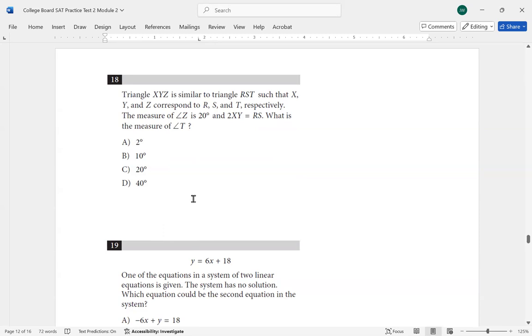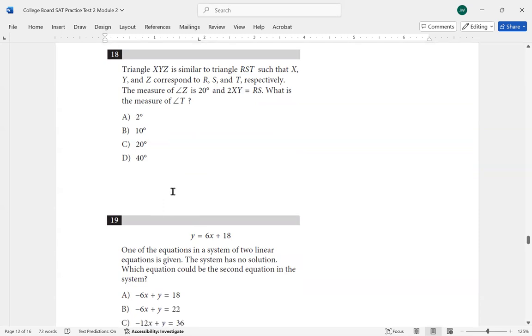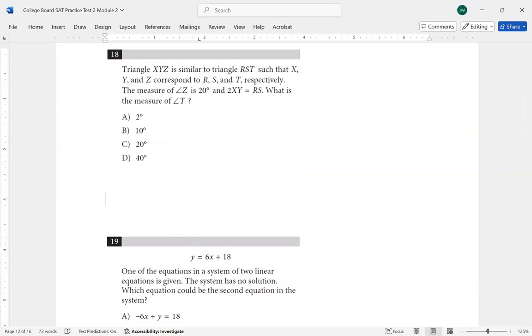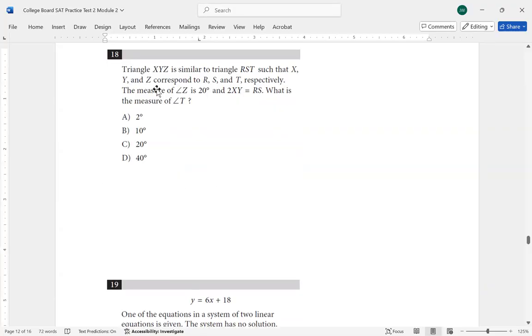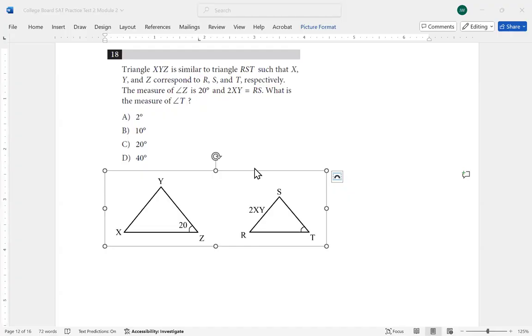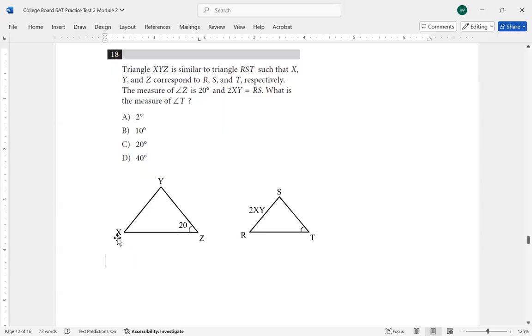So let's take a look. I'm going to kind of draw this out a little bit and then I'll put it in the Word document. But we'll draw a triangle XYZ that's similar to RST such that we have these comparisons. Now, I did not draw these appropriate to scale, but this is what we have. We have X, Y, Z corresponding to R, S, T respectively.